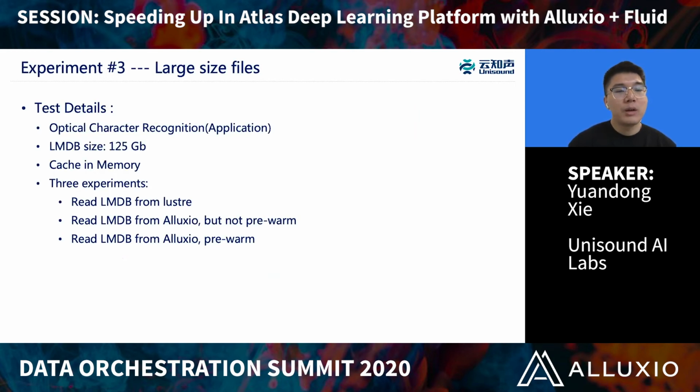For the large file, the optical character recognition application will use 100 to 125 gigabytes of one LMDB file. There are three experiments: reading LMDB from Lustre, reading non-prewarmed LMDB from Alluxio, and reading prewarmed LMDB from Alluxio.